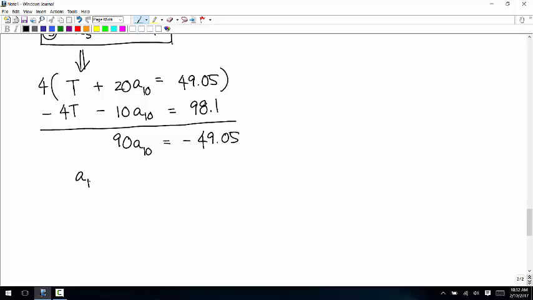And so what do you get for A10? What is it? 1.09 meters per second squared. Okay, this is negative.